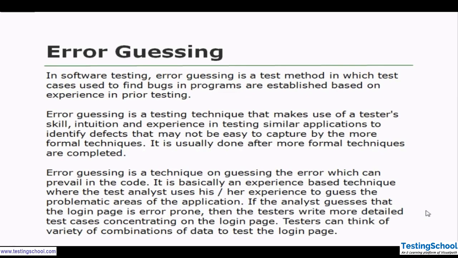So you guess certain errors around the particular module and find the defects on the basis of your experience. There is no hard and fast rule for error guessing, but it comes when you have been working in the application for a long time, and based on your experience you find certain defects.